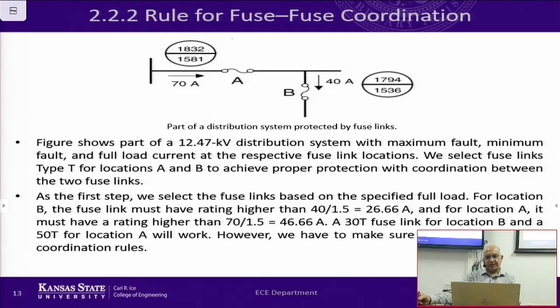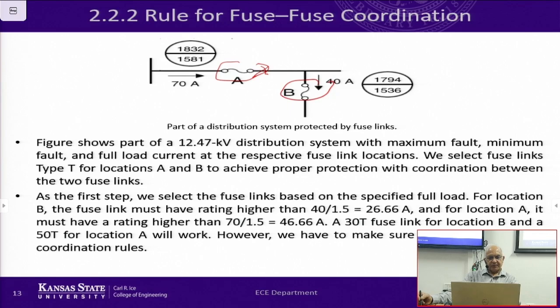So 1794 and 1536 is the fault current here, and 1832 and 1581 are the fault current right here. In fact, the fault currents here and there are not going to be very different from one another, because this distance in the physical system is so small, only a few feet. So in a practical sense, the fault current here and there does not change much or at all. These are the maximum and minimum fault currents seen by this fuse, and these are the maximum and minimum fault currents seen by this fuse.